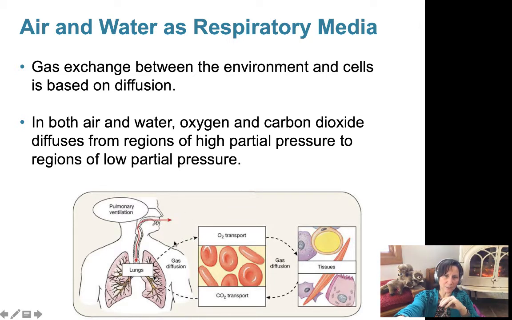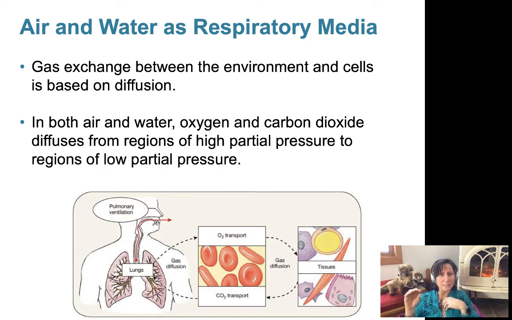So if you're talking about human respiration, right? Oxygen needs to diffuse into the circulatory system through the lungs. So it's going to cross the membrane of the alveoli and go into the circulatory system, into the capillaries. And at the same time, CO2, carbon dioxide, is going to diffuse out.